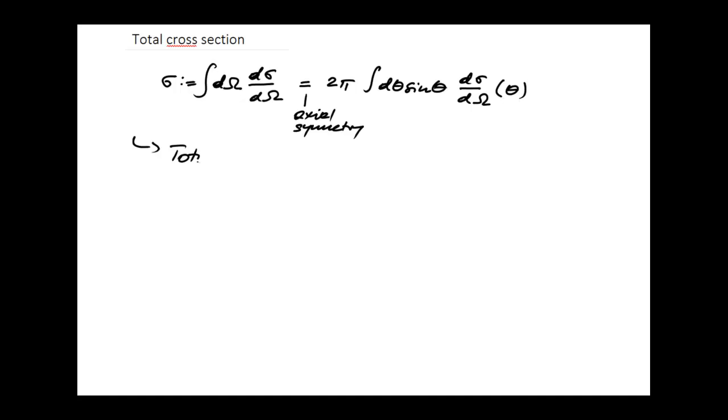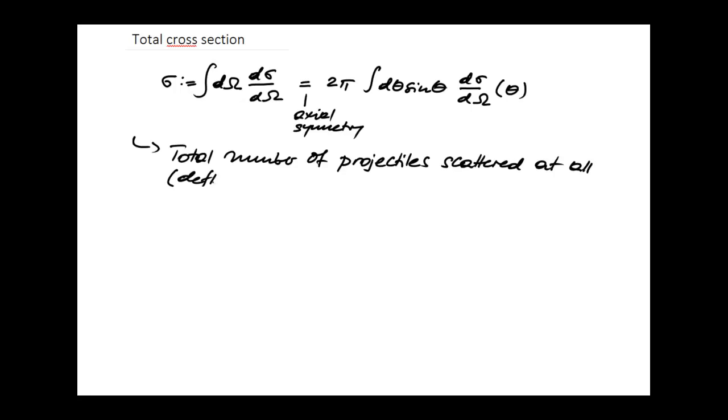Then you can calculate the total number of particles, of projectiles, that are scattered at all, i.e. deflected by some angle theta different from 0 per unit time. So the number of particles, the total number of particles scattered per unit time.